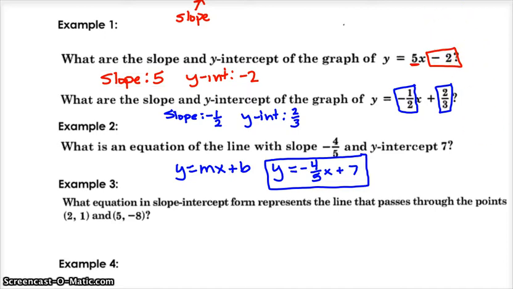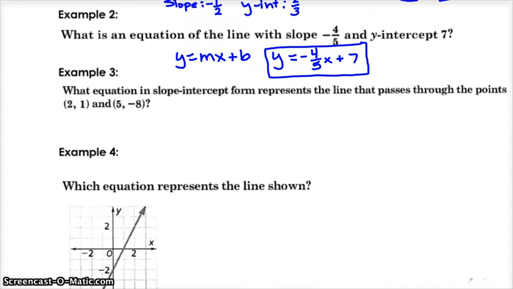All right, let's make it a little bit tougher now. In example number 3, I'm given 2 points. In order to write the equation of a line in slope-intercept form, I need 2 pieces of information. I've got to know the slope, and I've got to know the y-intercept. First things first, I'll find the slope. Since I have 2 points, I can use the slope formula to find slope.